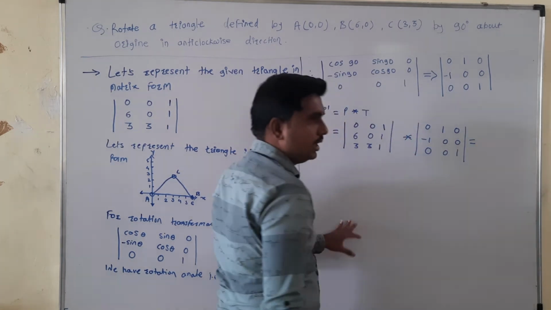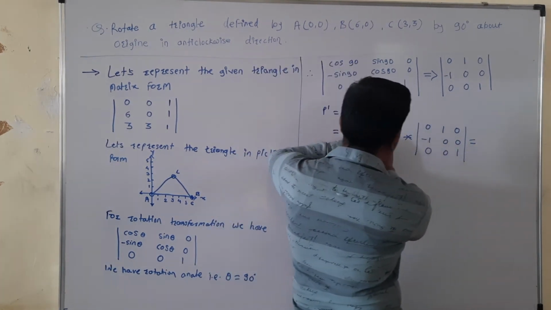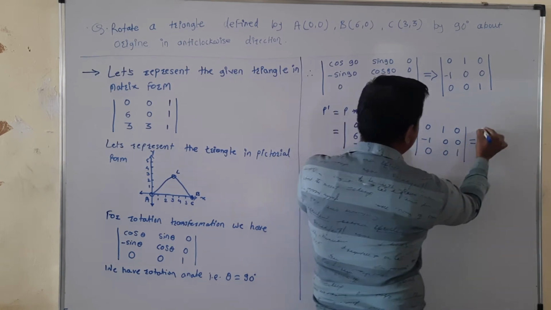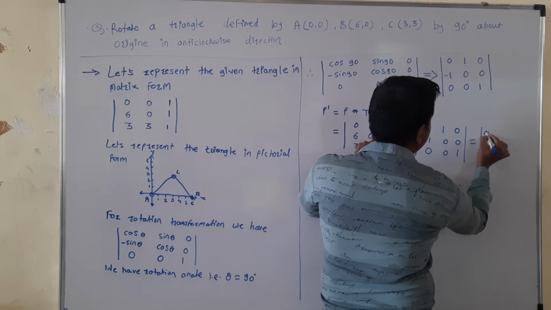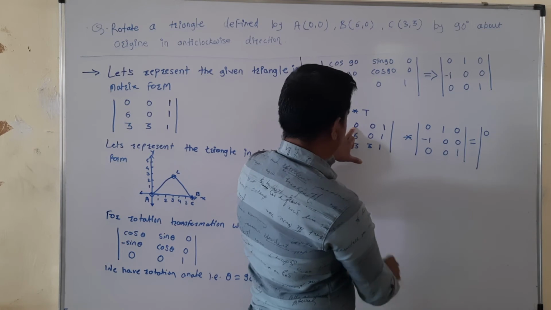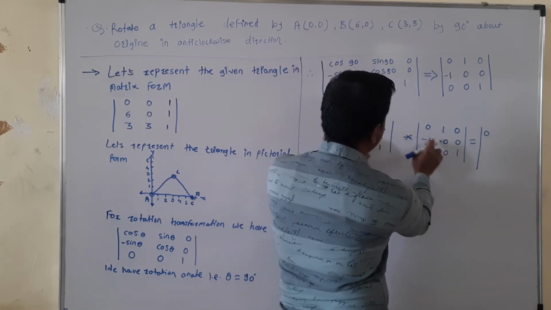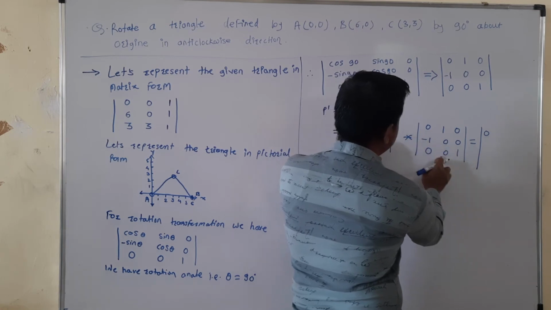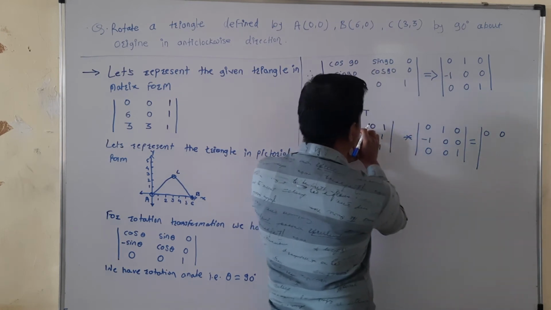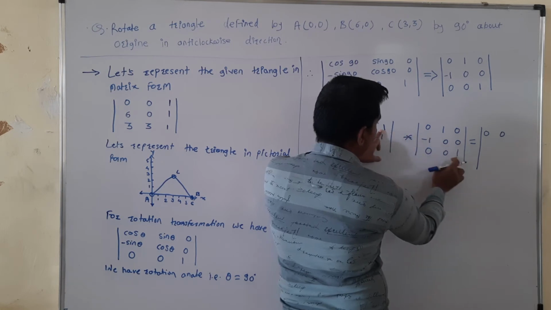So let's perform the multiplication of these two matrices. 0 into 0, 0, plus 0 into minus 1, 0, plus 1 into 0, that is 0. So here we take 0. Then 0 into 1, 0, 0 into 0, 0, 1 into 0, 0. Here we get the second element 0. Then 0 into 0, 0, plus 0 into 0, 0, plus 1 into 1, 1.